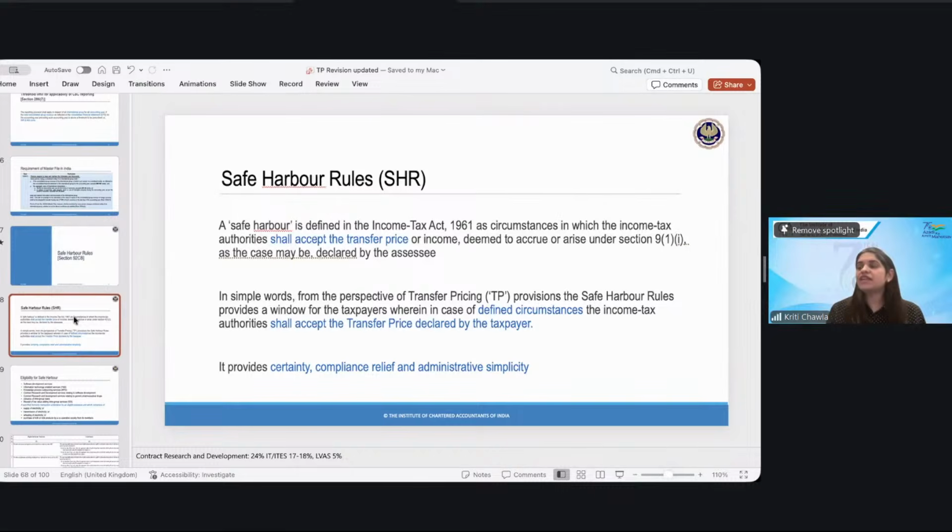So now they have defined circumstances, as in if you're doing this kind of transaction, then what is the transfer price or the income that will be declared by the assessee, and it shall be accepted by the income tax authorities.